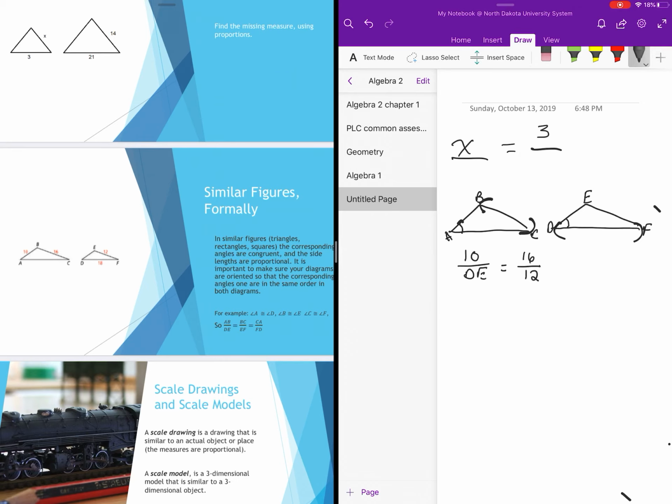So A, B, C, D, E, F. A is congruent to D, B is congruent to E, C is congruent to F. And congruent just means that they have the same measure. So the angles have the same measure, and the sides are proportional.